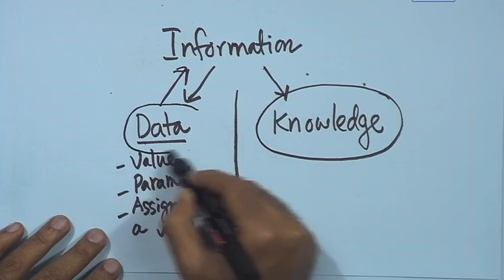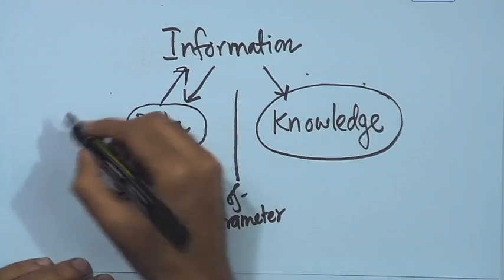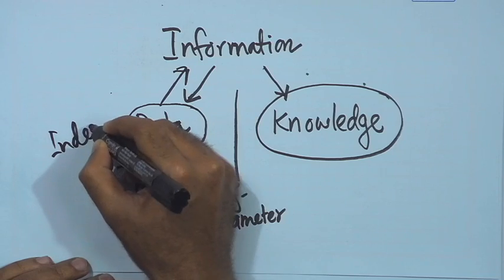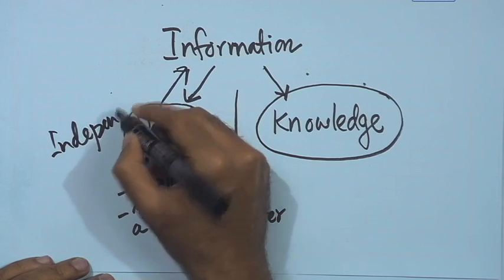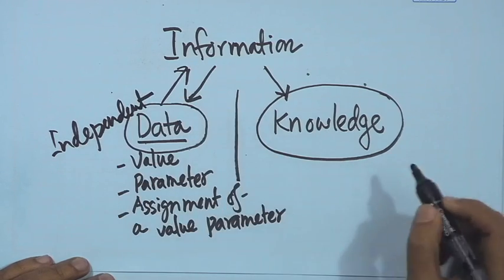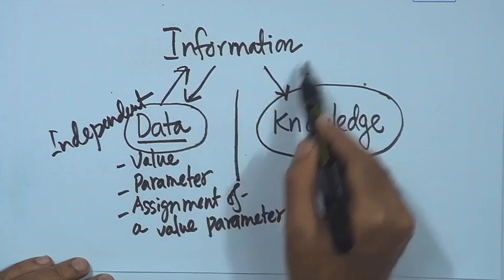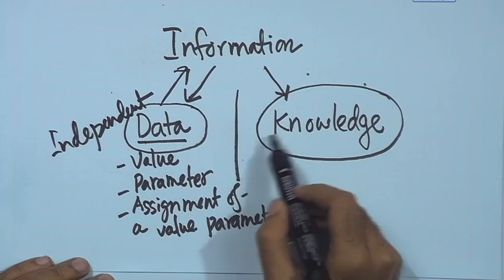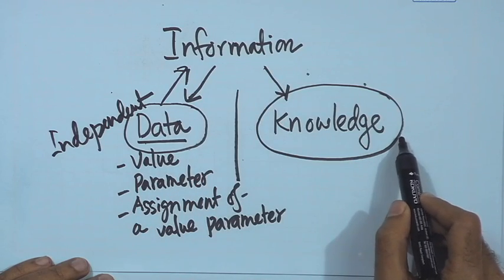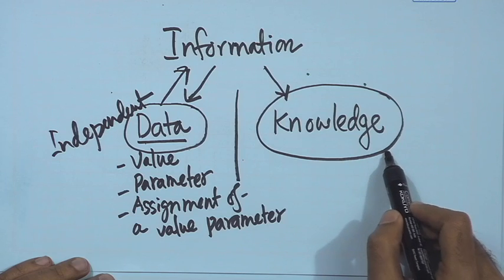We talked about the data aspect, which is more or less independent, while forming information needs another aspect related to it, which is the knowledge aspect.